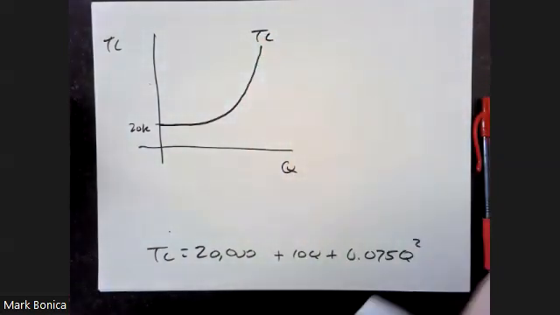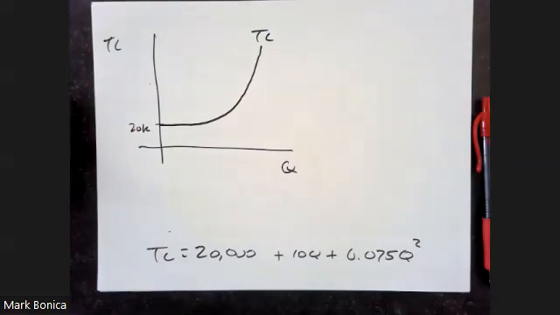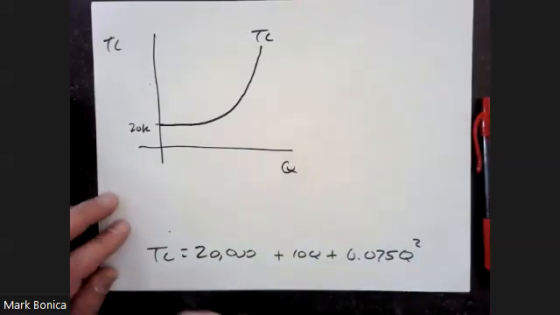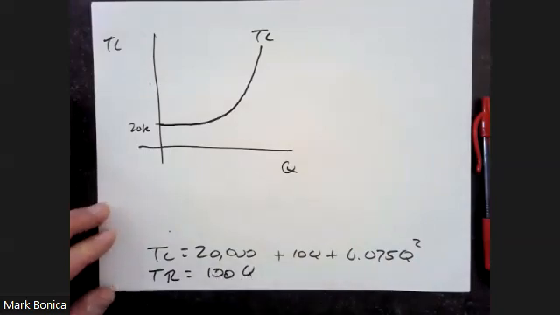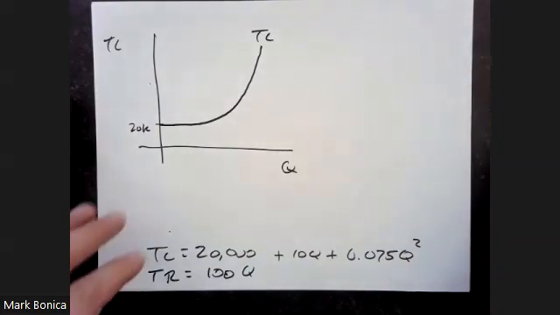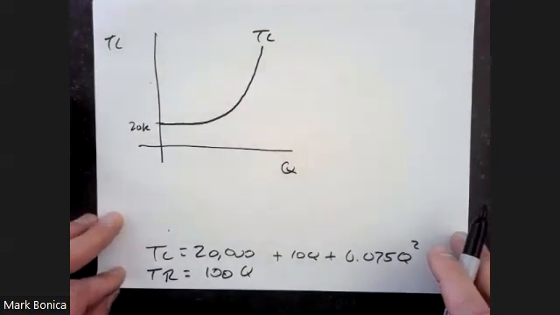Now, if I assume that my total revenue is, say, 100Q, because I am in a market where my product is relatively undifferentiated.